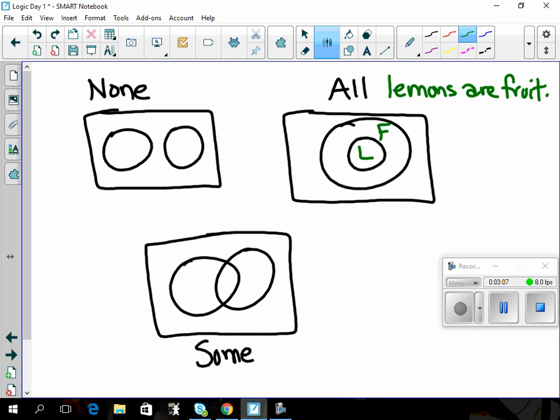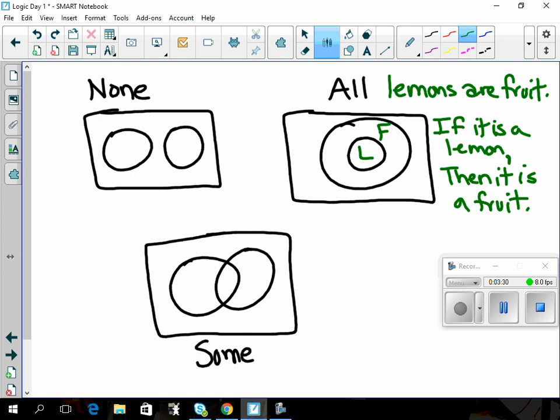We can also translate that to what's called a conditional statement, which has an if and a then with it. So, if it is a lemon, comma, then it is a fruit. Okay? So if it is a lemon, then it is a fruit.